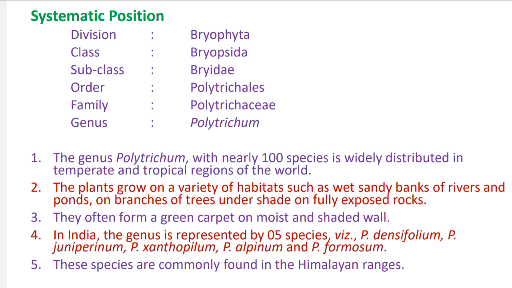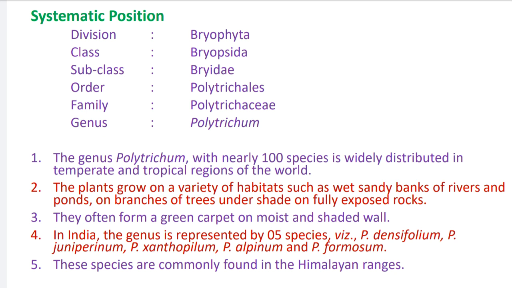It can grow on moist shady places, on sandy banks of rivers and ponds, on branches of trees, in shady conditions as well as on fully exposed rocks. As bryophytes are moisture and shade loving plants, they require shady and moist conditions for their growth.